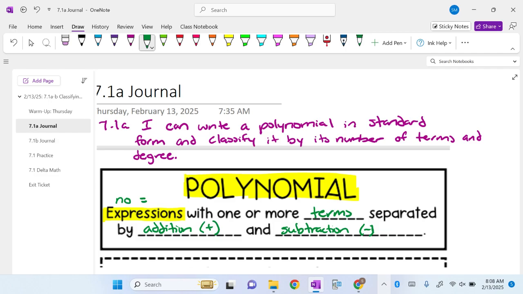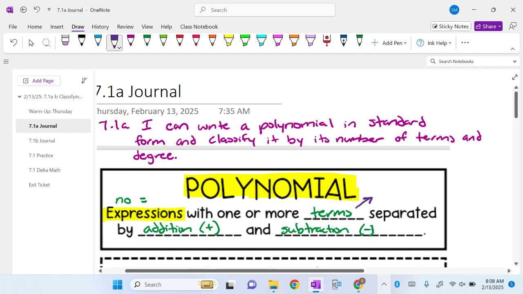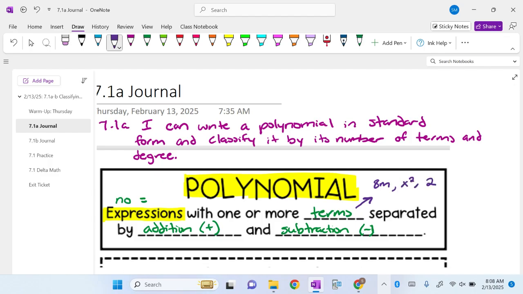So remember, a term can be anything being multiplied or divided. So a term could be 8m, a term could be x squared, a term could be 2. And the way you know where the terms start and end is that they're separated by pluses and minuses.